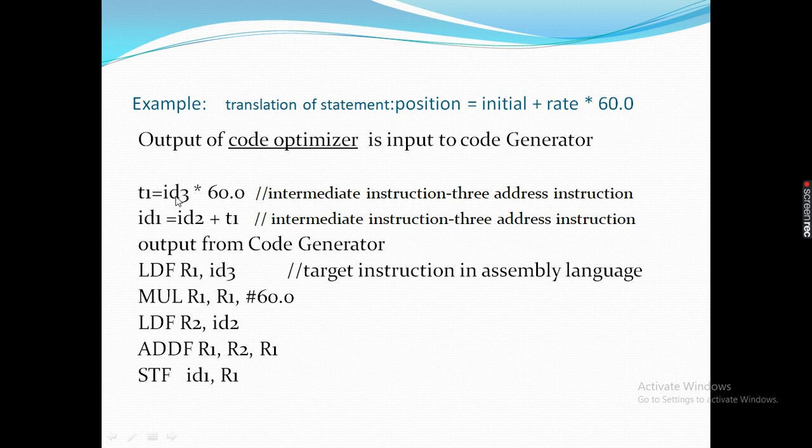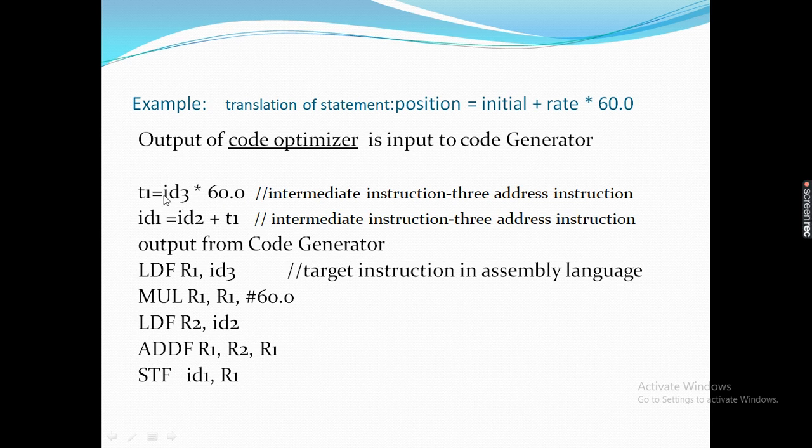Variable id3 is a variable, it is an address. t1 is a temporary variable created to store the result of these two. So this instruction is purely a 3 address instruction because the instruction has 3 addresses: 60, id3 and t1.